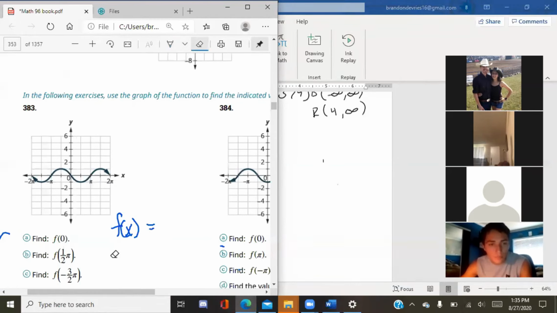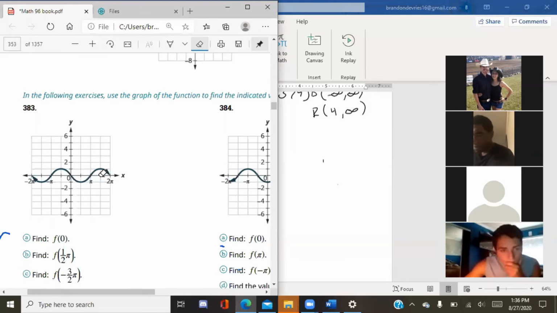So this would be pi, this would be half pi, and this would be 1.5 pi. Each increment is half. Half, then pi, then 1.5 pi, then 2 pi. So it'd be right here.